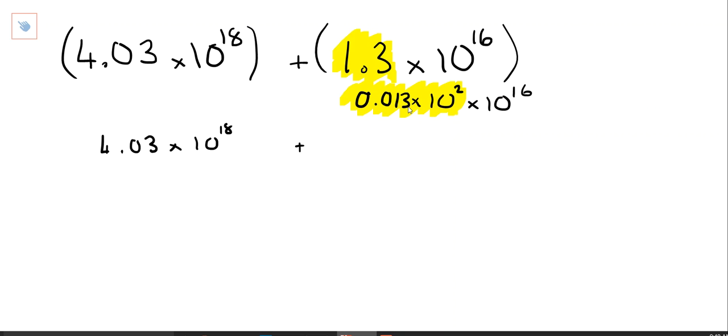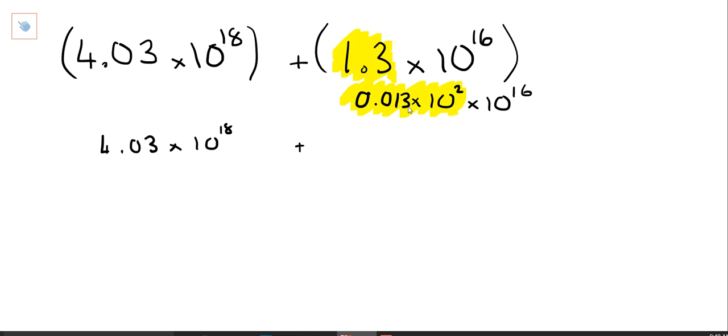Do you all get that? Because, look, the 1.3, I can't change the value of the 1.3. It has to be the same thing. So 1.3 is the same as 0.013 times 10 to the power of 2.